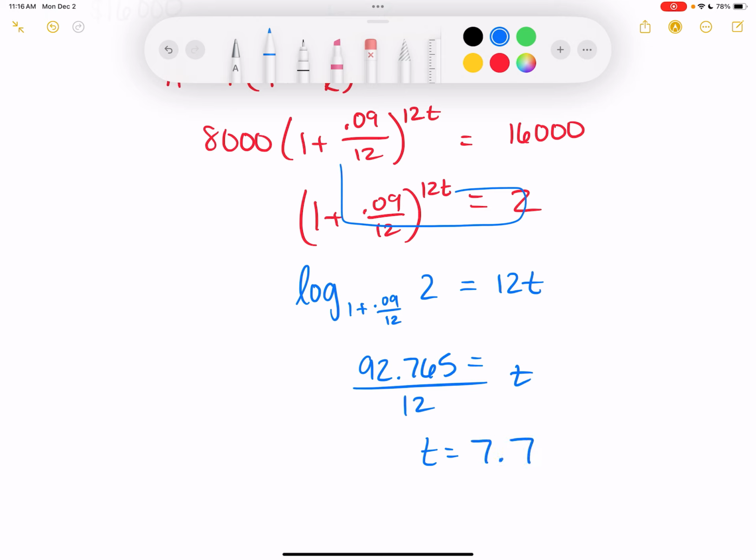7.73 years. Let me see if I can figure out how they write their answers, in years and months, or if they just want you to leave it as years.